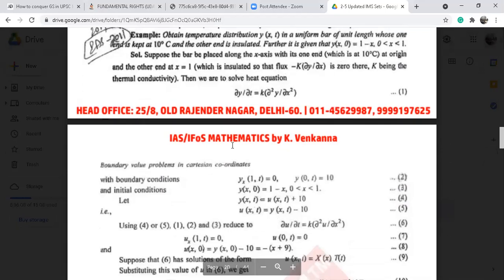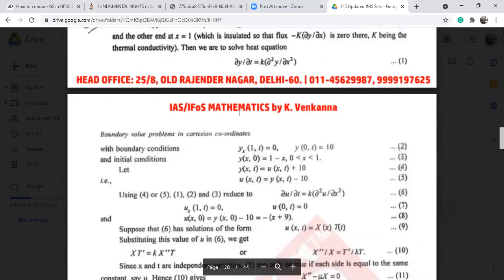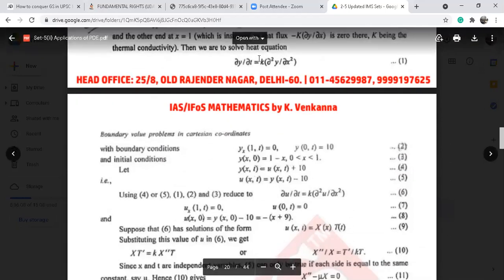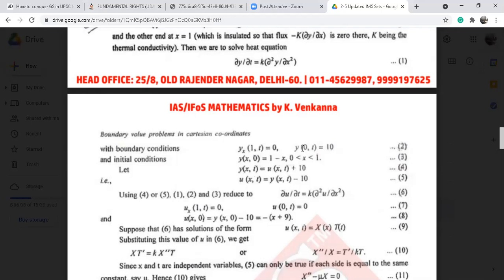Okay, so this part you can easily do. What are the boundary conditions? The first boundary condition is that y of 0,t, that is, at any given time, the end placed at the origin has temperature 10 degrees centigrade.